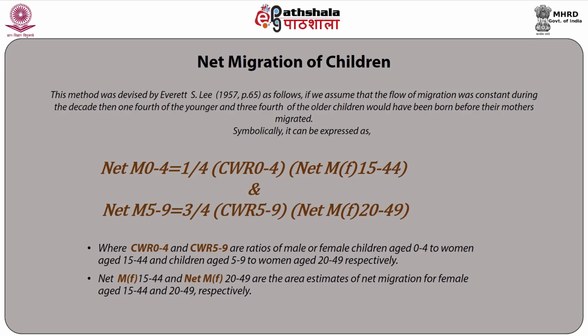Net M F 15 to 44 and net M F 20 to 49 are the areal estimates of net migration for females aged between 15 to 44 and 20 to 49 respectively.